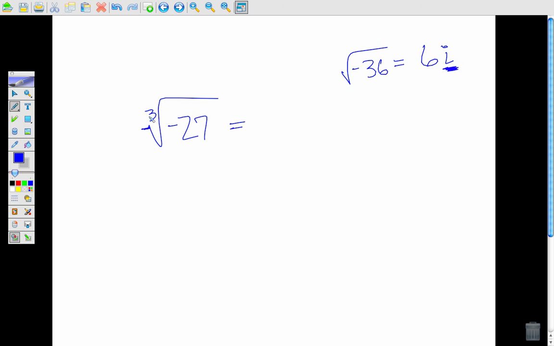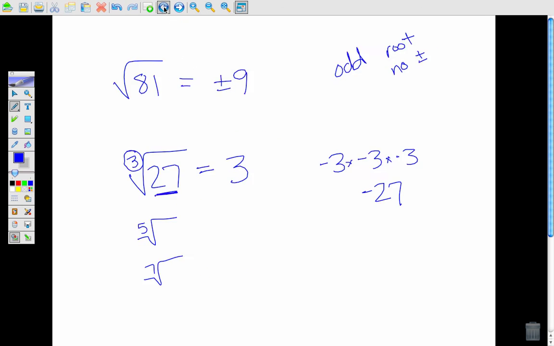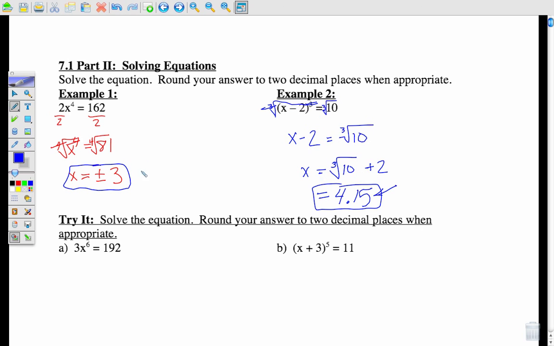When you have an odd root right here, like 3, the cube root of negative 27 is negative 3. There will be no i's for odd roots, because you can get negative numbers with odd roots. So that's kind of the long story of why we do include the plus or minus here, but you do not include the plus or minus over here.